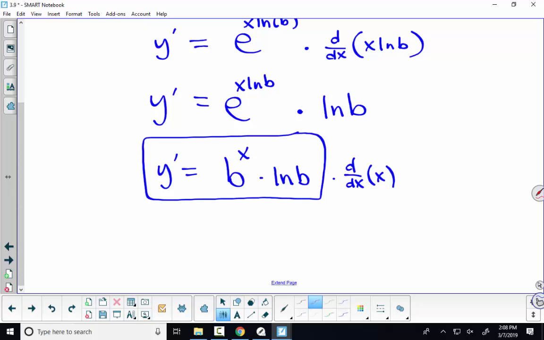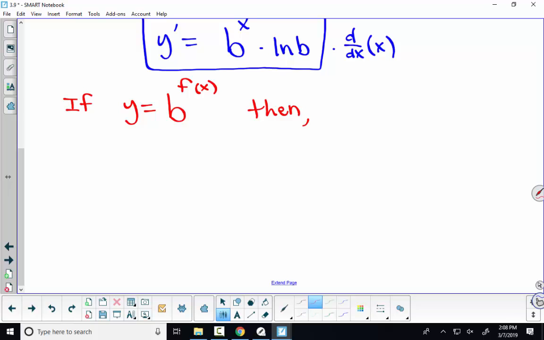So we're going to remember this one. If y is equal to some real number b larger than 0, to the f of x power, then y prime is b to the f of x times the ln of b times f prime of x.